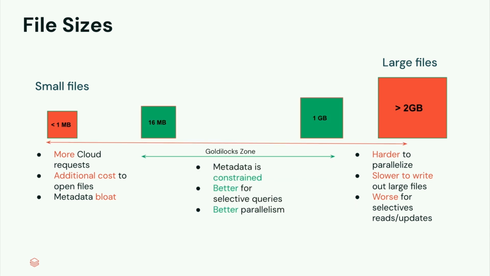So at Databricks, we have identified 16 megabytes to 1 gigabyte as the ideal file size zone that you want to have your tables in. This is through years of benchmarks, working with our customers, and some research that we figured this out. At this file size range, we know that the metadata is constrained, it's better for selective queries, and you get better parallelism.